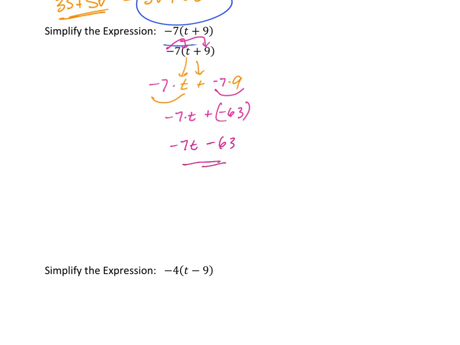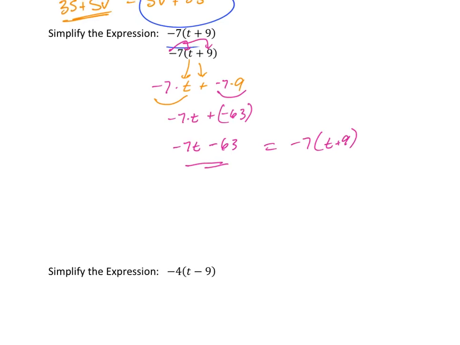So again, if I want to make sure I have it right, then I'm just going to check. Here I have -7t minus 63, and I started out with -7 times t plus 9. Now I'm going to evaluate both sides with t equaling 4.